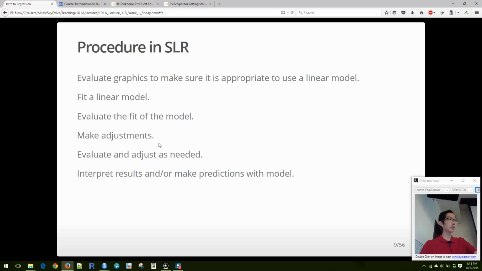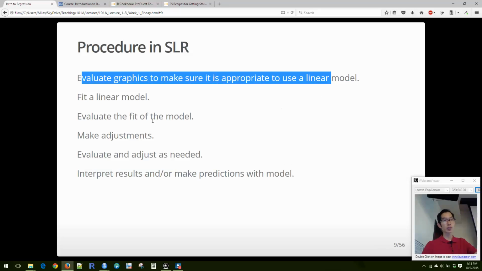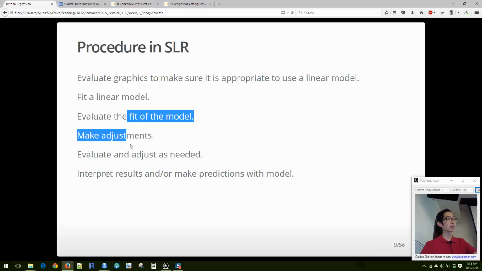And then finally, once you're satisfied with the model, you interpret the results and/or make predictions with the model. I think a lot of times we just think, okay, fit the linear model, now interpret the results. But we should make sure it's appropriate, and then we should always be evaluating and making sure it makes sense to use this model.